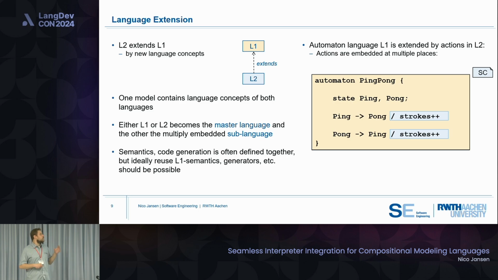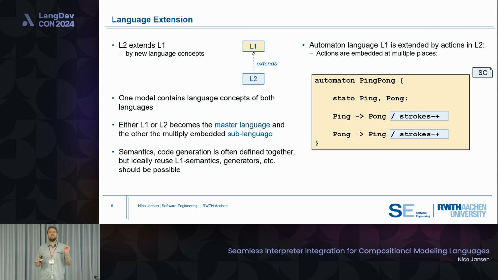In MontiCore, we would use the language as is up here, so the automaton language, and extend it by adding whatever we need for the transitions. So just adding, for example here, the slash for indicating that an action takes place, and then incrementing the strokes by this plus plus expression. You could do this, but what you already heard just by how I pronounce it, the plus plus or increment expression, you wouldn't do this, because you can use a library for that.